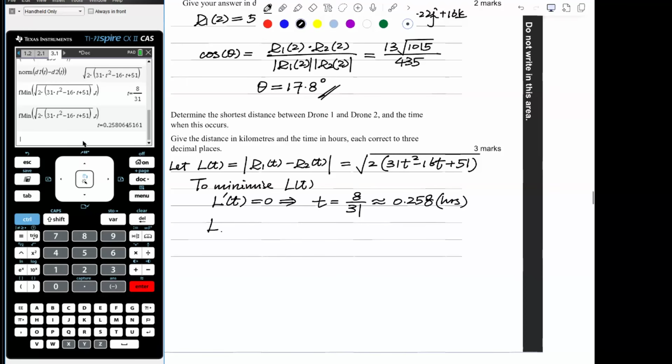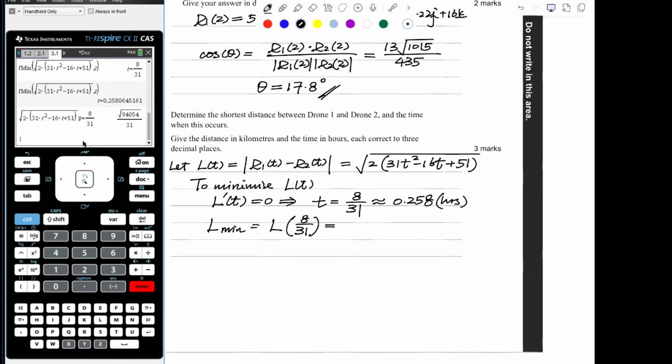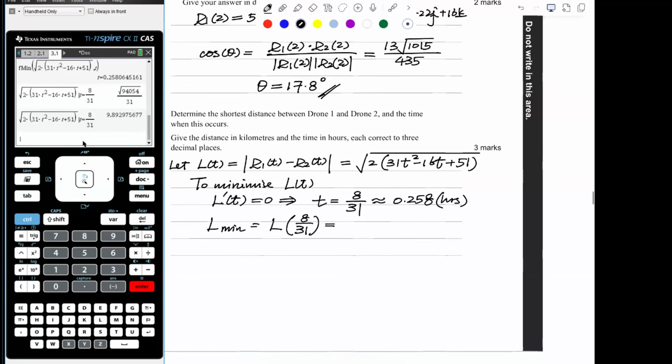And L minimum equals L, but I'll still sub in the exact value for the best accuracy. So given t equals 8 over 31, we get square root of 94054 divided by 31, which is rounded to 9.893 kilometers.